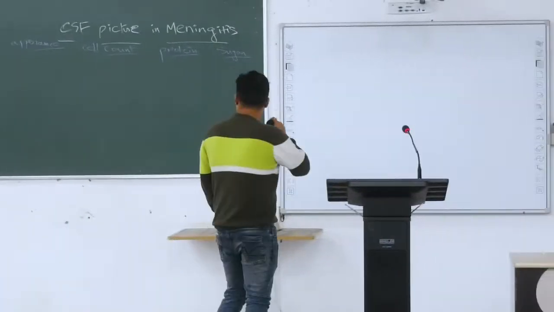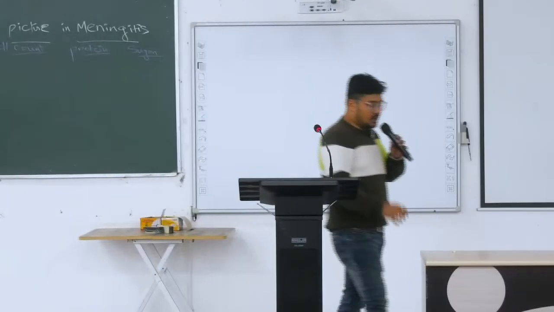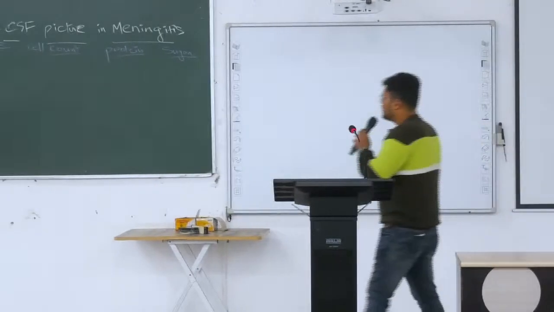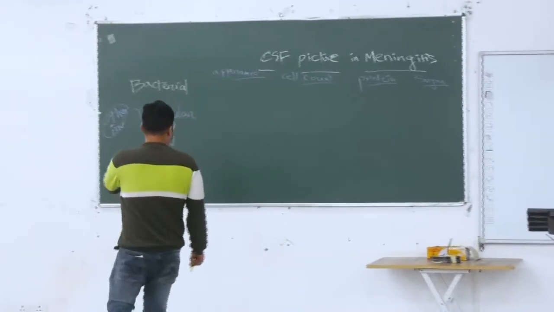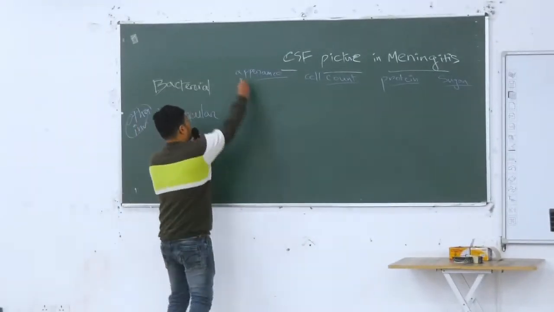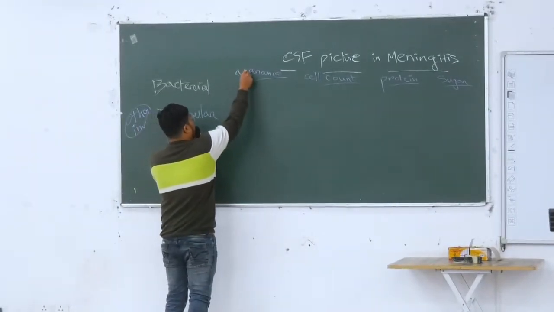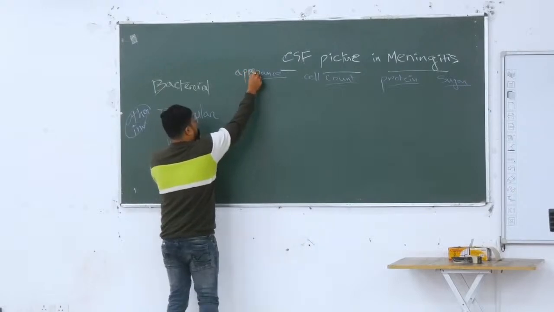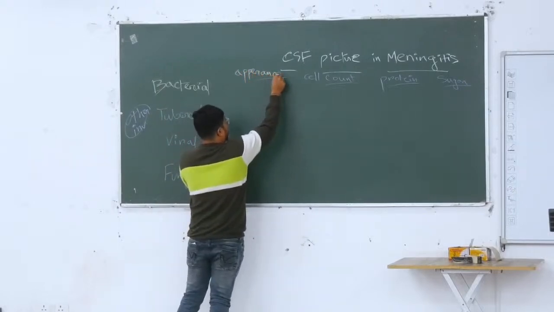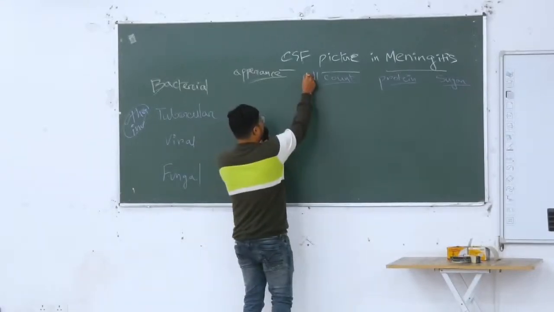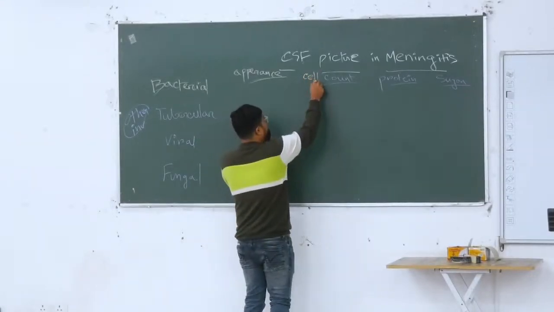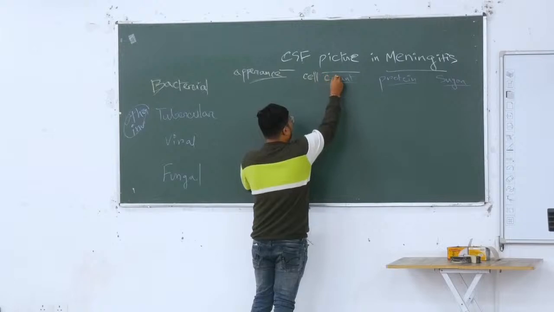First, as we can see in this picture, mostly we will be discussing in 4 categories. Like first, appearance. So how the CSF will appear. Next is cell count or cellularity.